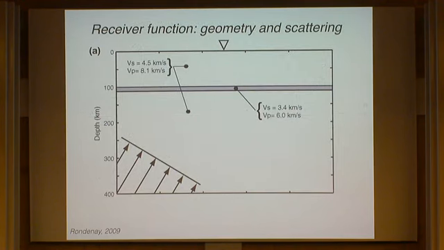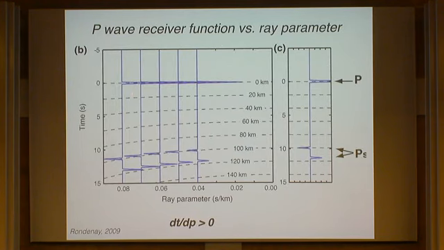Just a simple case so you can understand exactly how things work. In this case, we show a low velocity layer embedded in a high velocity half space. You have an incoming wave coming from the left. Depending on the angle, which is defined by the ray parameter, you have the P wave, which you can align.